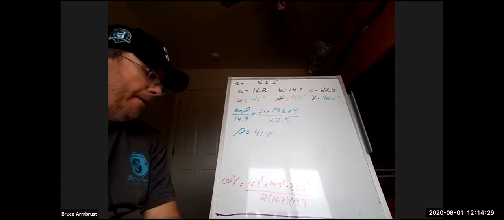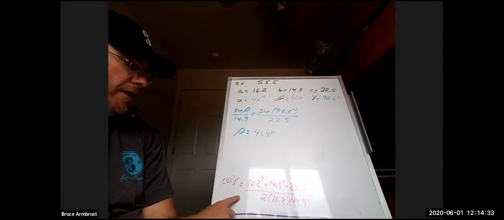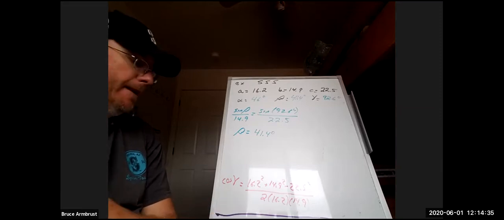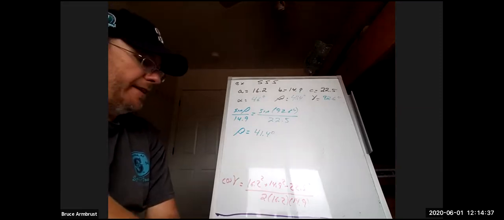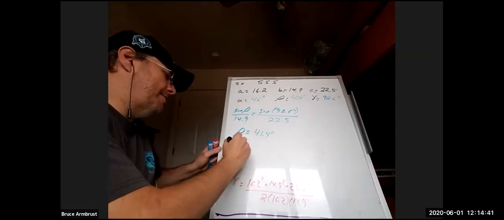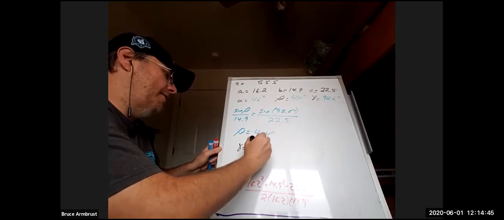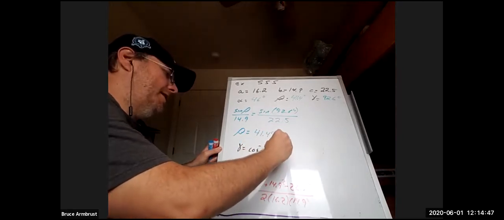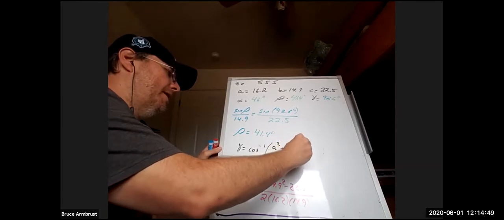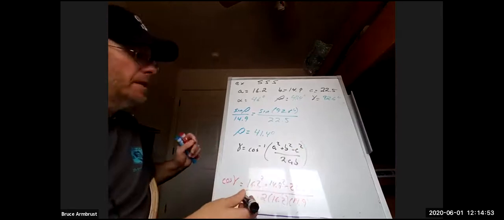All right, now one other thing I do want to mention, we are doing an inverse cosine, right? If I had left the letters, we had gamma equal to inverse cosine of (a squared plus b squared minus c squared) over 2ab, right?